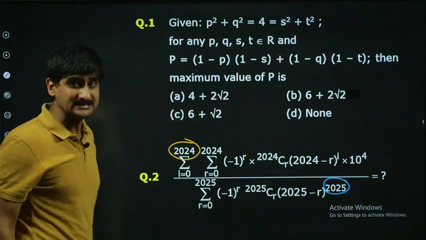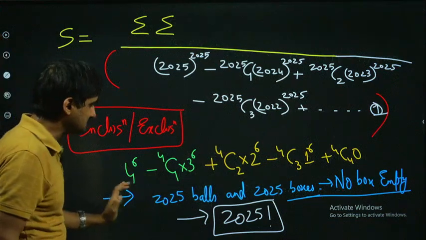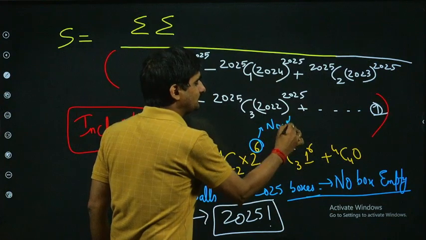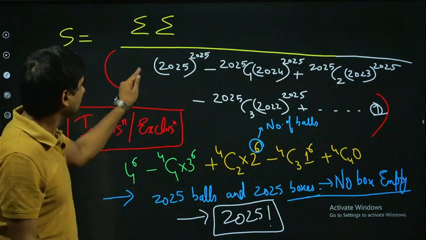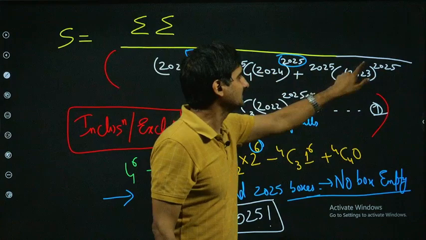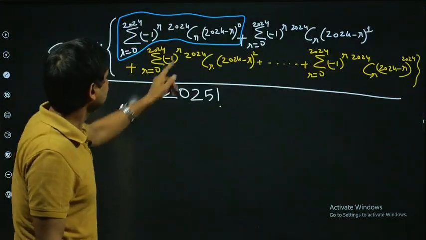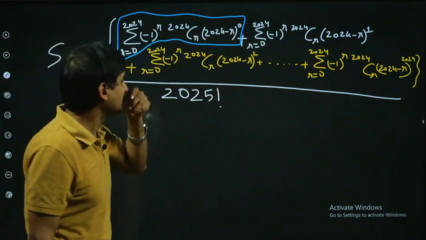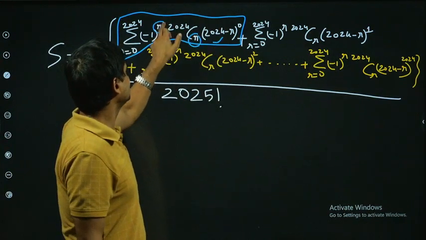Remember, in the inclusion exclusion principle, the power represents the number of balls, which won't change as you write the series. As you open the series, this is the power which is not changing because that is the number of balls. Clear? Now look at this one. The number of balls is the power that won't change. Okay, that's fixed. This base is changing, C r is changing.